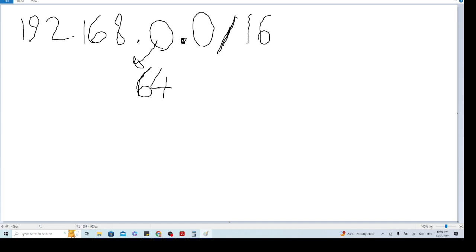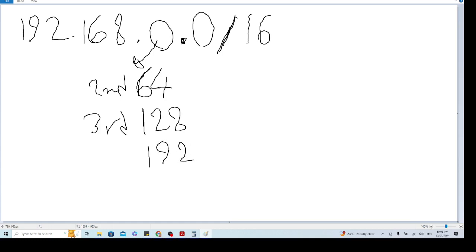This is the second. My third octet will start from 128, and just add 64 to 128, and I think we'll get to 192. Okay, this is the fourth octet.